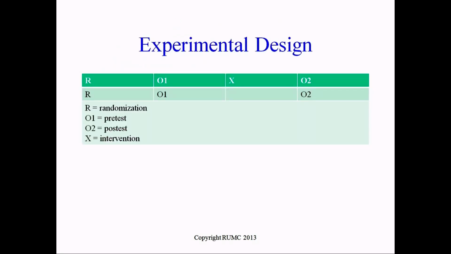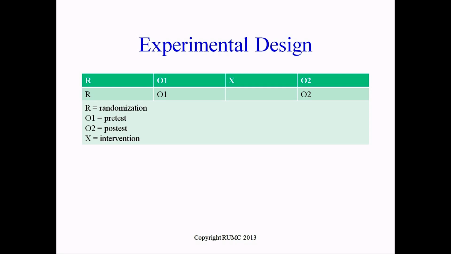So let's give you a little example of what this looks like. This schematic shows what a pre-test, post-test experimental design may look like. So you have randomization of two groups. The R is for randomization. O1 is your pre-test.